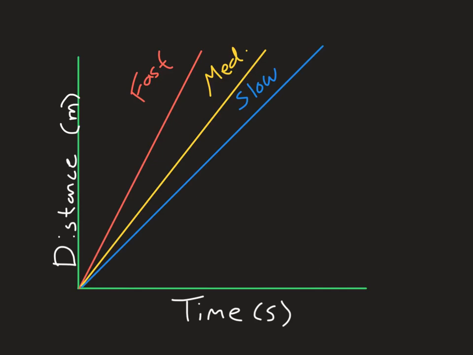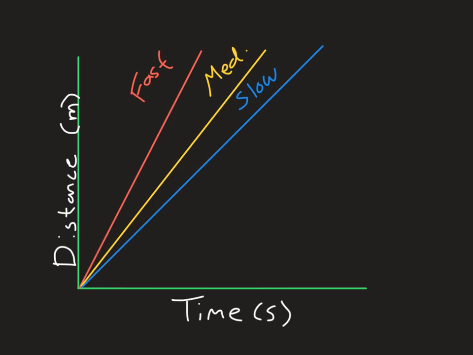It covered this much distance here, which is fairly big. In that same second, this blue line covered way less distance. It only went up about this much, whereas the red line covered this much. So the red line covered more distance in that 1 second, which makes the line steeper.